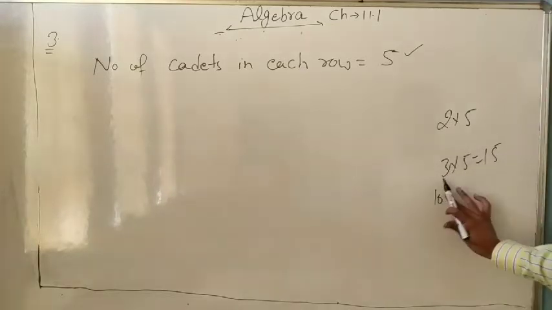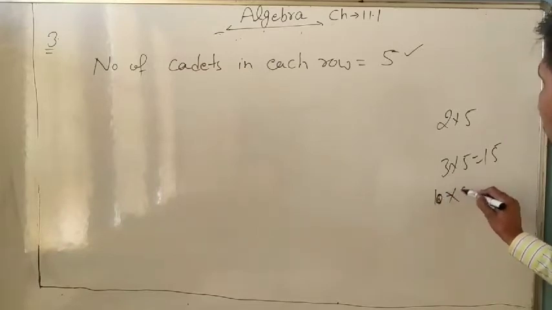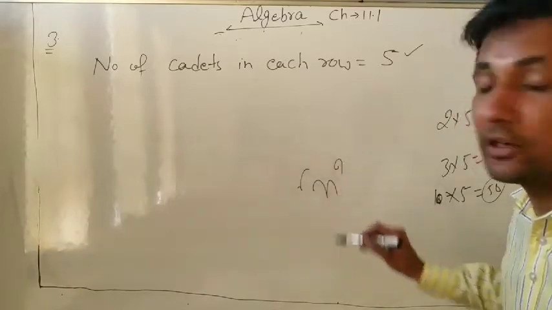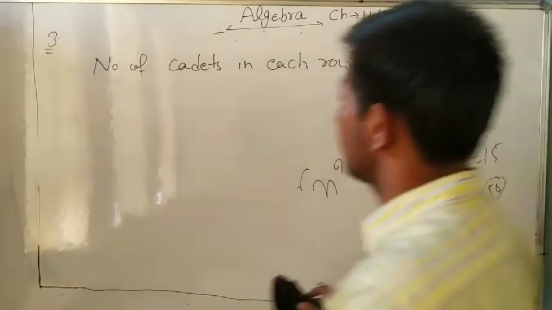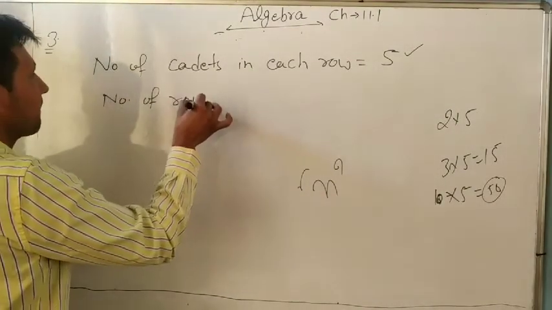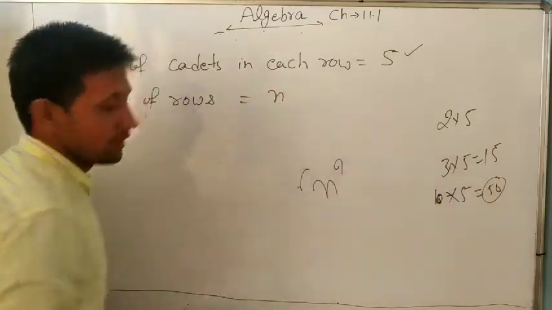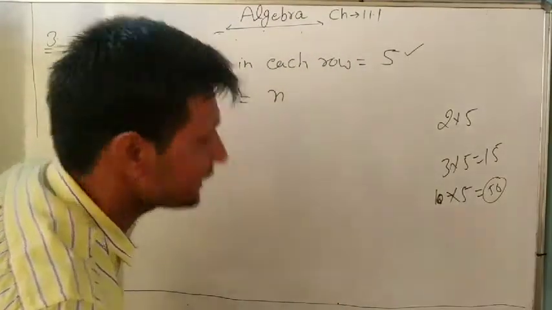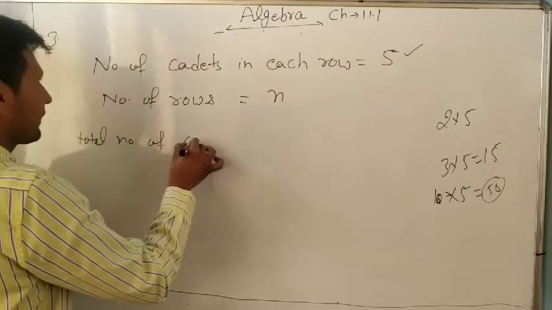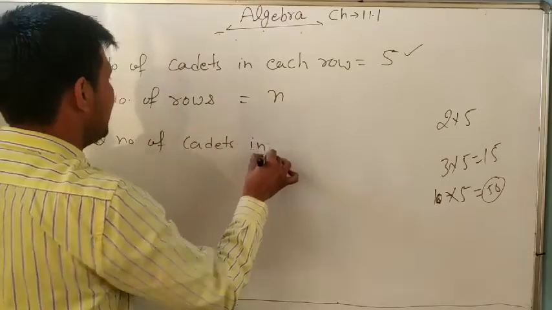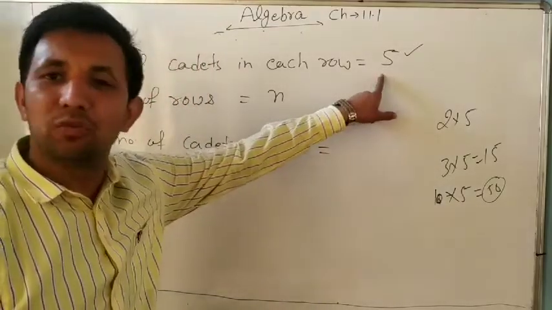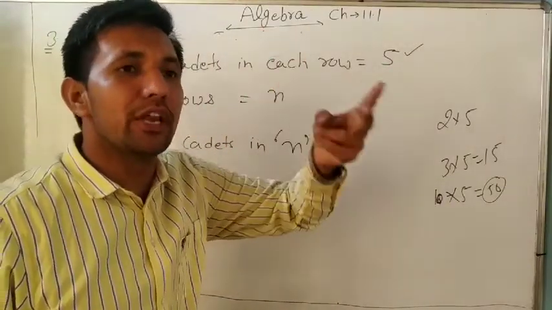In 10 rows, 10 into 5, 50. But in the question we have to give the total for N rows. So write the number of rows: N. The total number of cadets in n rows: in one row is 5, in two rows 2 into 5, in 3 rows 3 into 5.